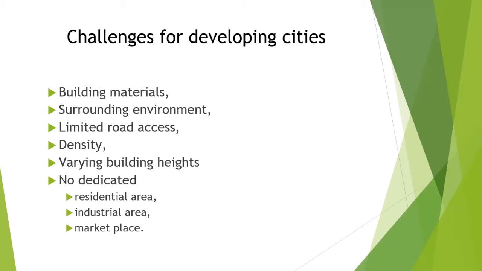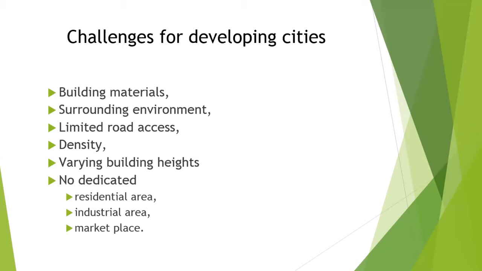The problem for developing cities is that the challenges are in different things. For example, the building materials are very, very different. We will see later, it ranges from bamboo-like roofs and polyethylene roofs to concrete roofs.